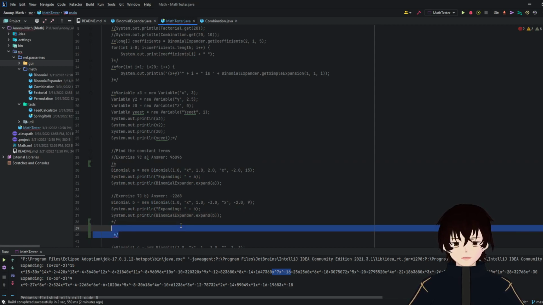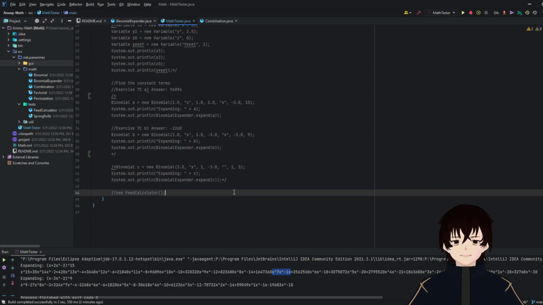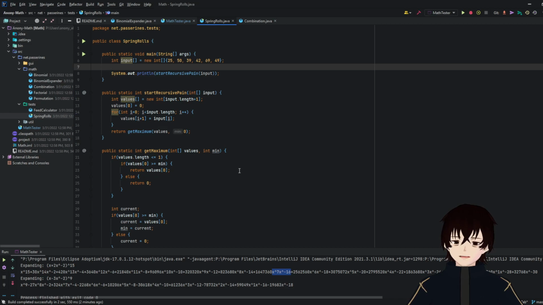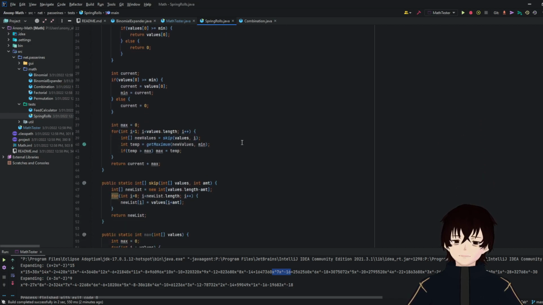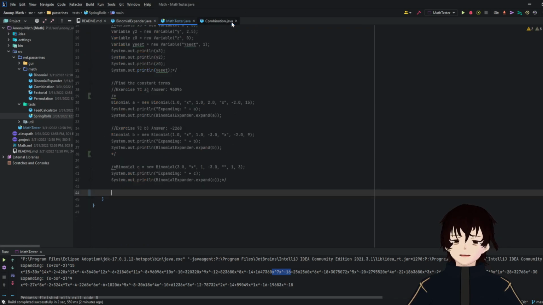And I don't think I'm going to be writing another one of these programs. Ooh, I don't need feed calculator. Well, yeah, there was a spring roll thing, which was a recursion problem. I did it to show someone else before.